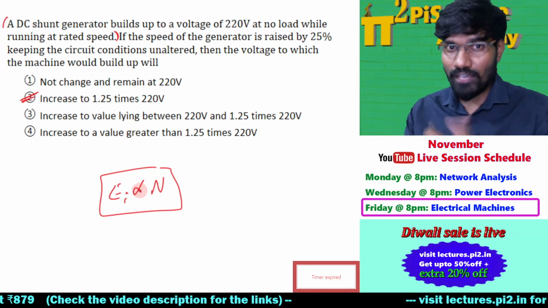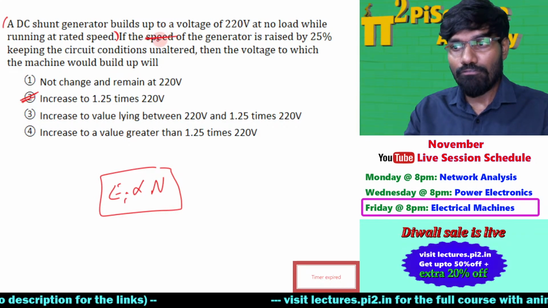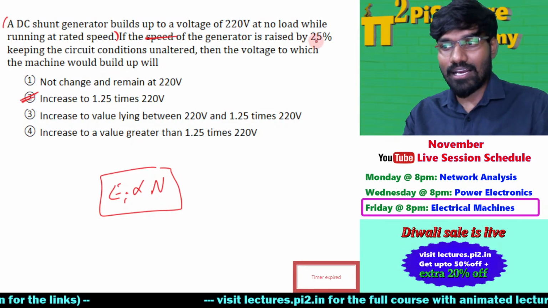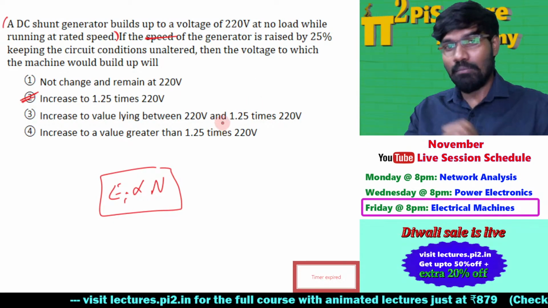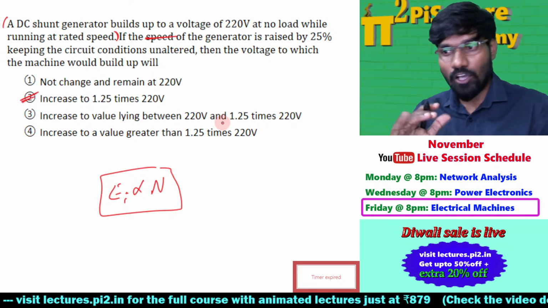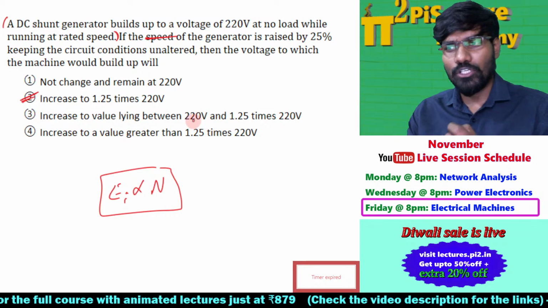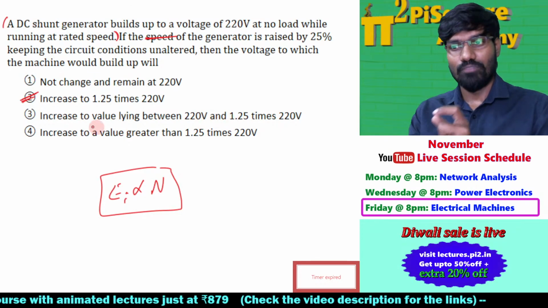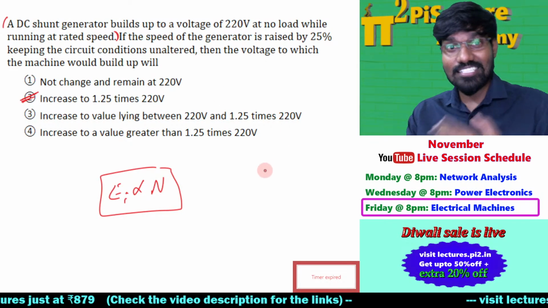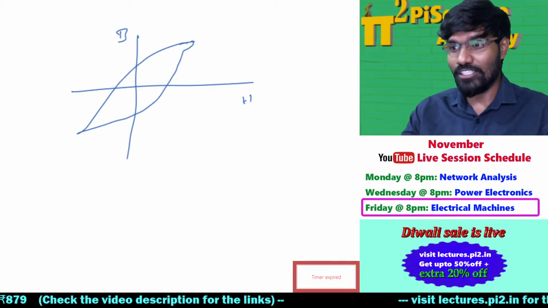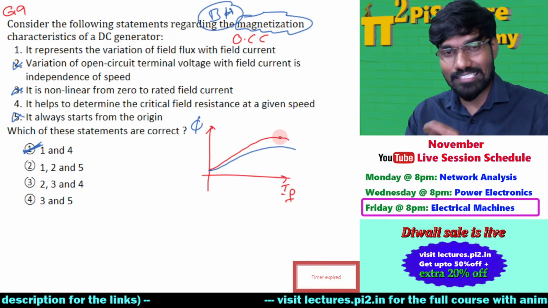If instead the field flux is increased by 25%, then the option would be an increase to a value lying between 220 and this, because there is saturation. The BH curve we just drew here, the magnetization curve, saturation is setting in.